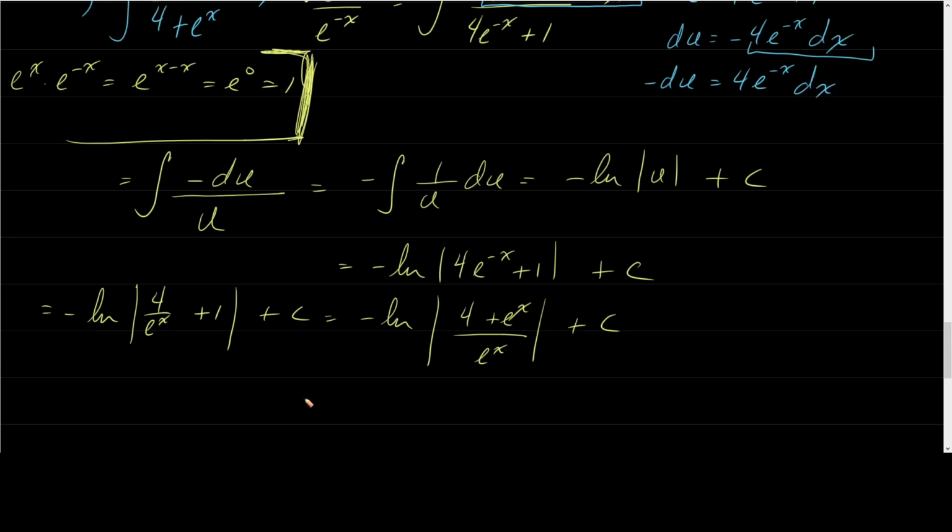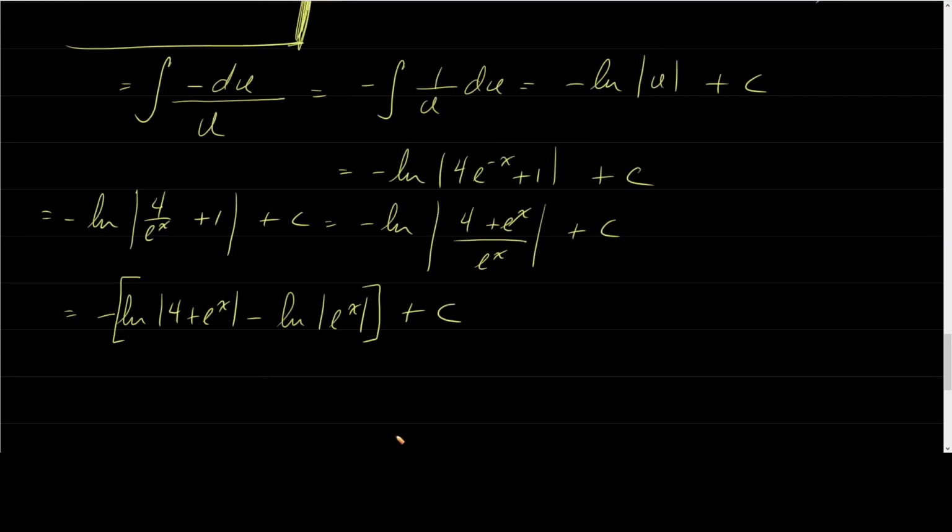Using rules of logs, this can be rewritten now as negative, bracket, ln of the absolute value of 4 plus e to the x, minus ln of the absolute value of e to the x, close bracket, plus c. Notice I put those brackets there because this negative sign on the outside has to apply to everything inside.